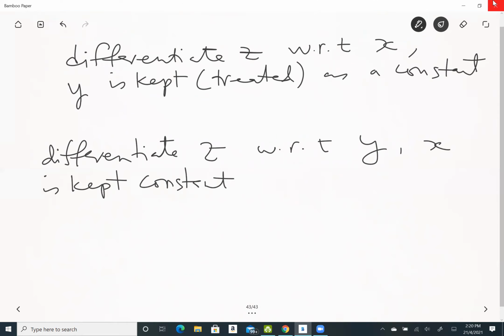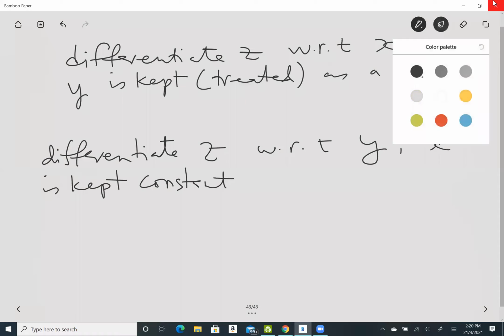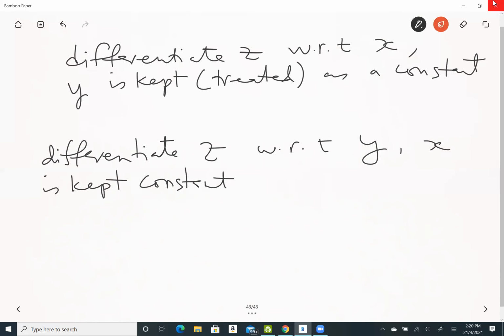Now the way you write the notation will be something like this. When you take the derivative with respect to x, we call it z subscript x. The x shouldn't be z multiplied by x, it should be z subscript x, or we write it as fx.